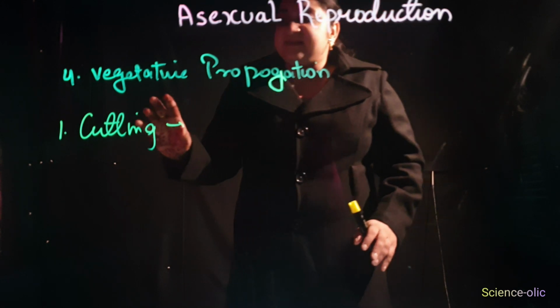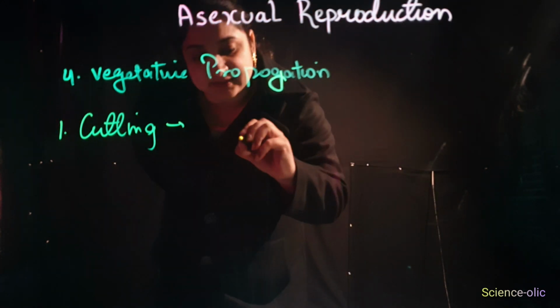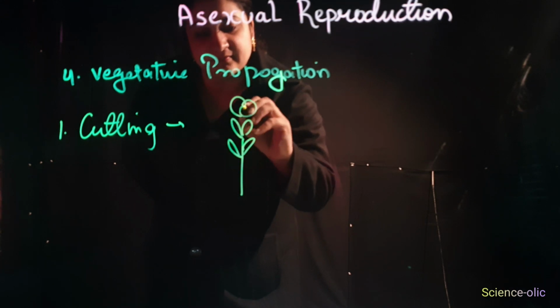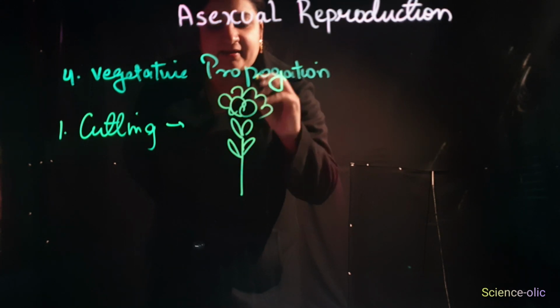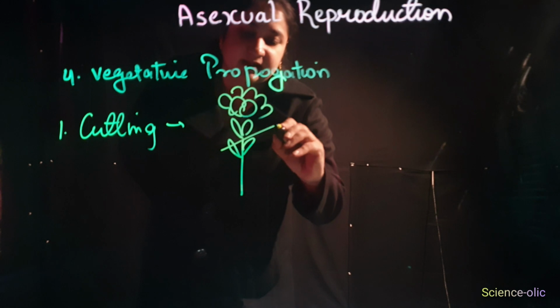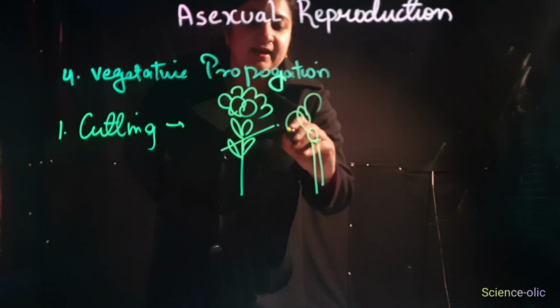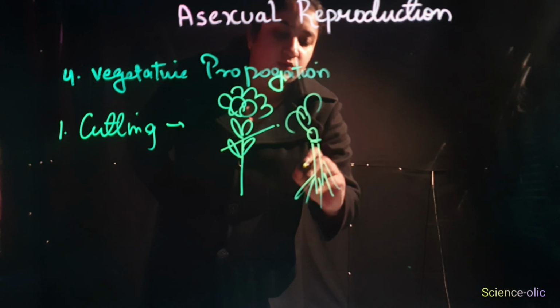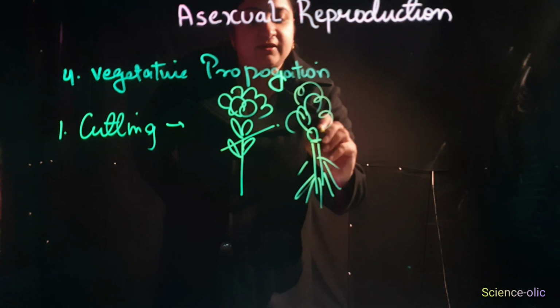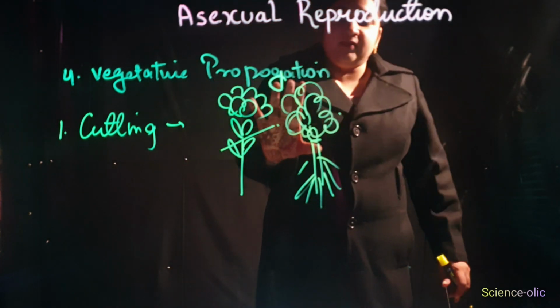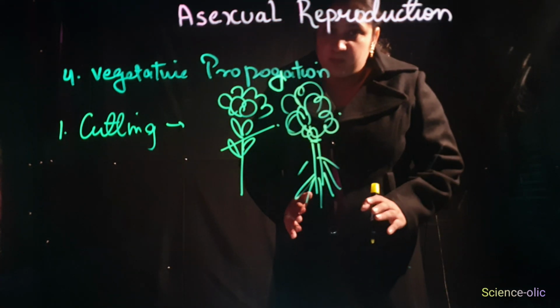That is known as cutting. Suppose this is a rose plant, and you cut it and grow its stem into the root, and its roots will grow and inflorescence will take place. This is reproduction of a new plant.